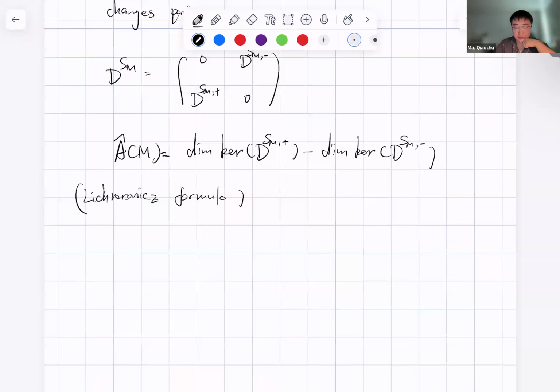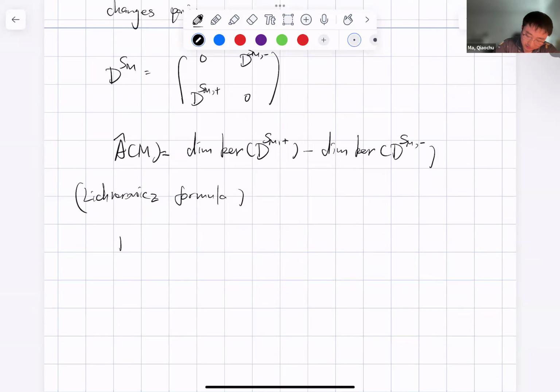The next one is the Lichnerowicz formula. I think Lichnerowicz might not be the earliest one who found this formula; it is also due to Schrödinger and other mathematicians. The formula says that the square of the Dirac operator is given by two parts.